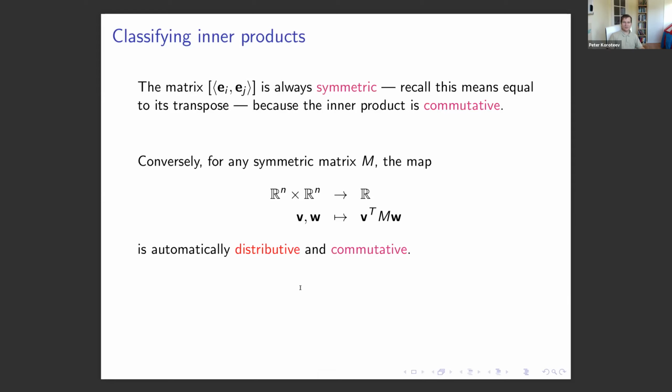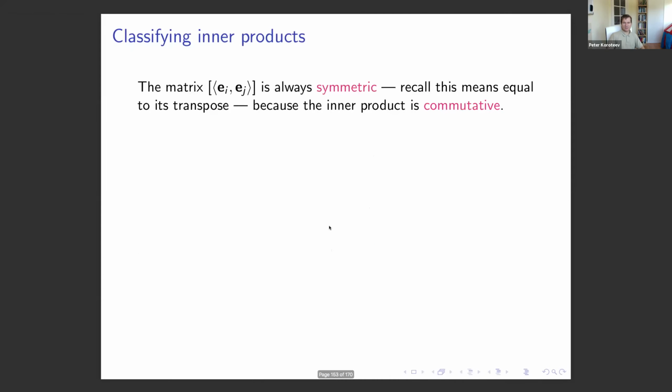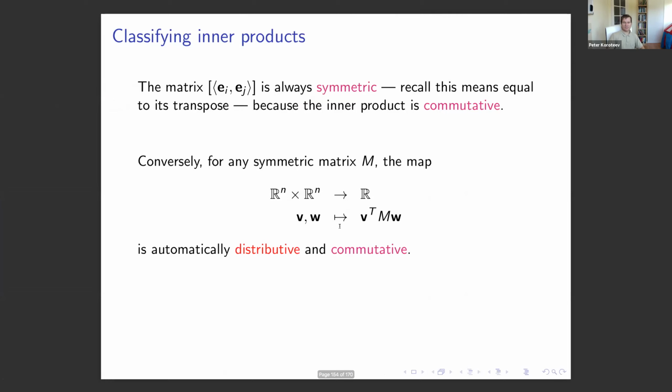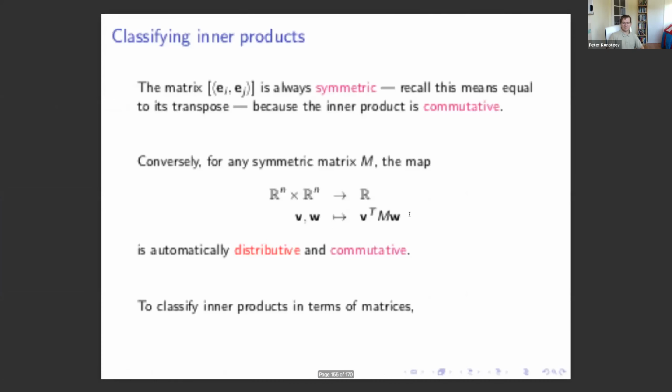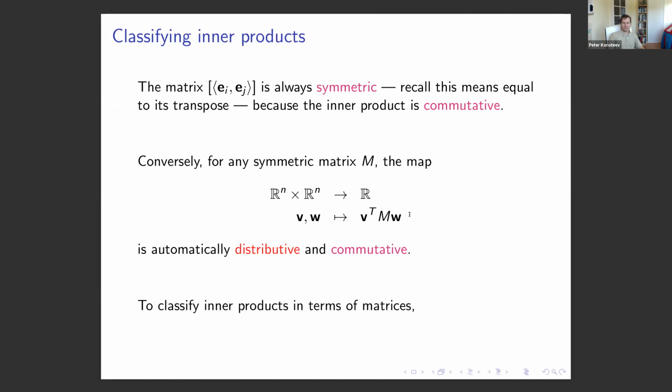Conversely, for any symmetric matrix M, the map from Rn cross Rn to R, which takes two vectors V and W to V transpose MW, is automatically distributive and commutative. So in order to classify inner products in terms of matrices, it remains to understand when this map is positive. That's what's required for the inner product.